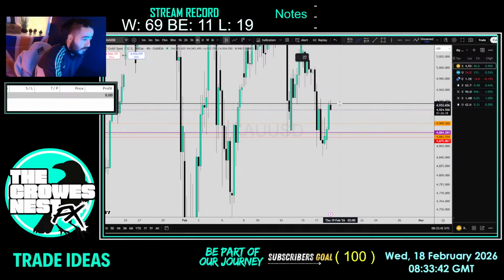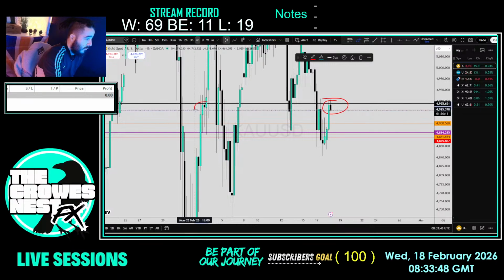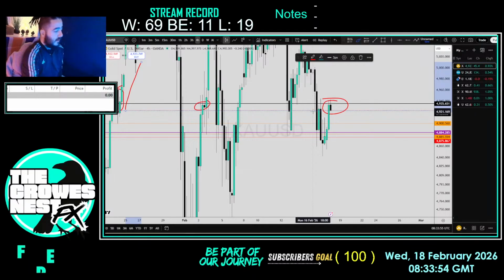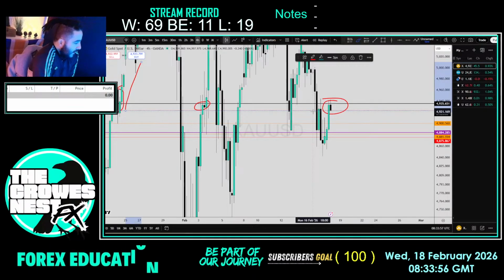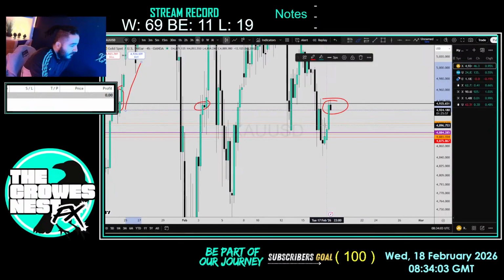But if the 4 closes bearish, then I'd be interested in the sells. However, this one closed bearish and this one closed bearish, and then we still pumped. So what indication can we find where the daily is going to flip?